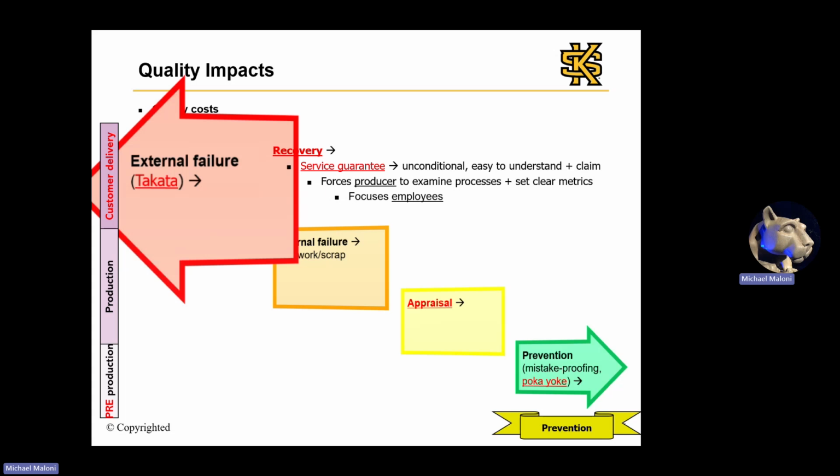Prevention in the form of tight processes and technology will be costly up front. In the long run, however, prevention will help us avoid the more expensive external and internal failure costs, as well as appraisal costs. So prevention is the lowest cost on this list in the long run.